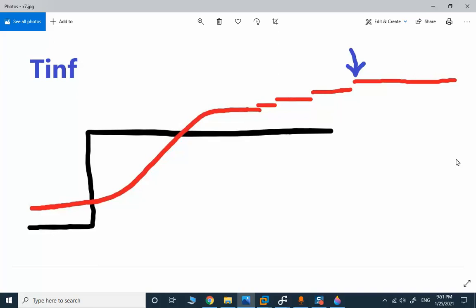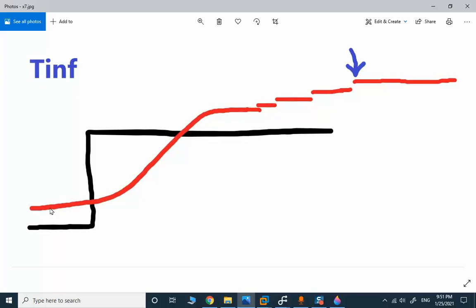If we consider the process reaction curve like some steps, and we reach the infinity phase, T infinity is the step with the widest constant step.